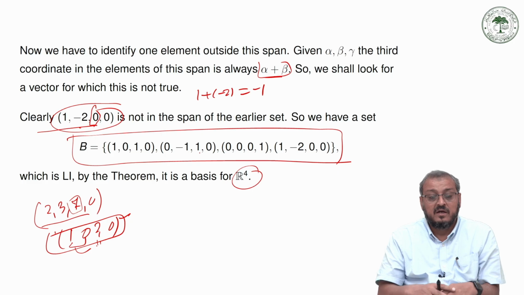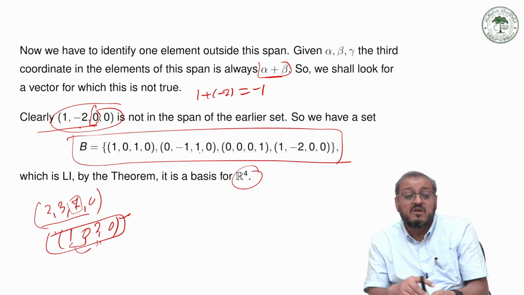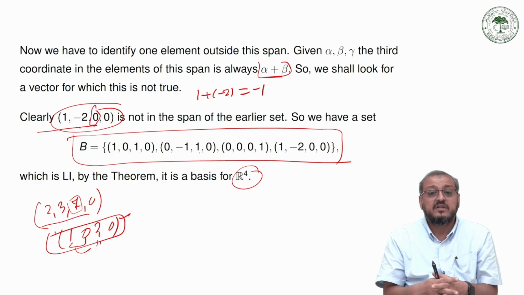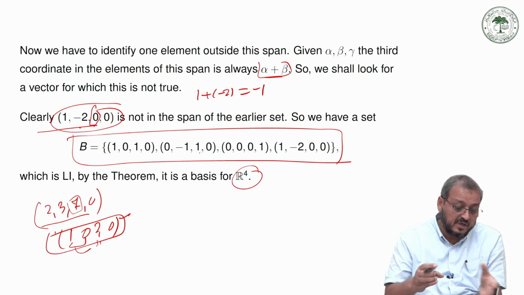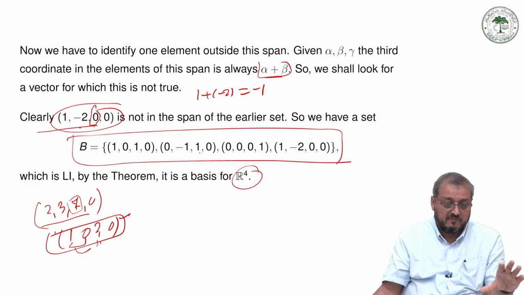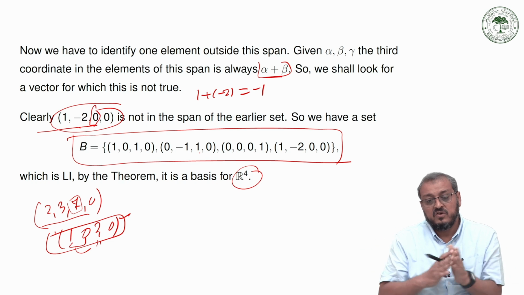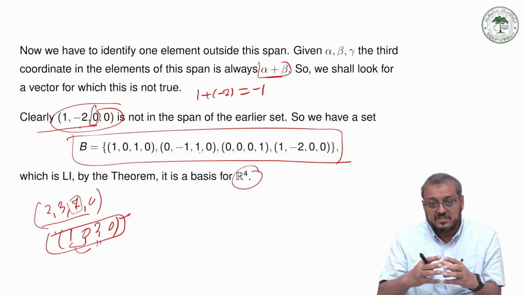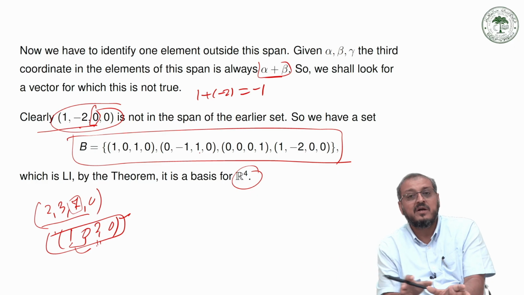This means that by the theorem we can extend the set to a basis. This is a very important concept for extending a basis. It is very simple: we take whatever linearly independent vectors we have, write the span of these vectors, and in the span we have to choose what type of element to add.